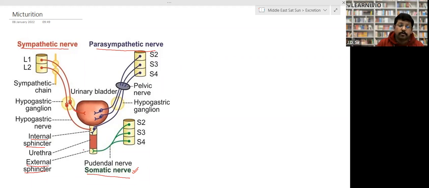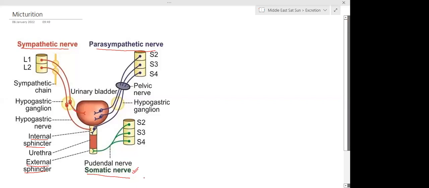Expulsion of urine from the urinary bladder is called micturition.